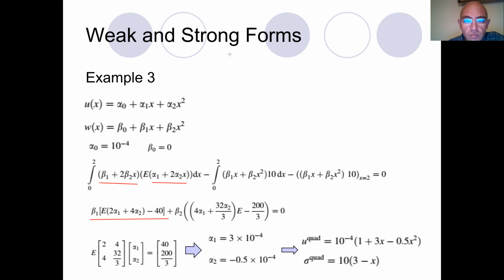So it is beta 1 times (e(2 alpha 1 plus 4 alpha 2) minus 40) plus beta 2 multiplied by (e(4 alpha 1 plus 32 alpha 2 divided by 3) minus 300 divided by 3), and this expression has to be equal to 0. Now, here is the point. We know that weight is arbitrary.